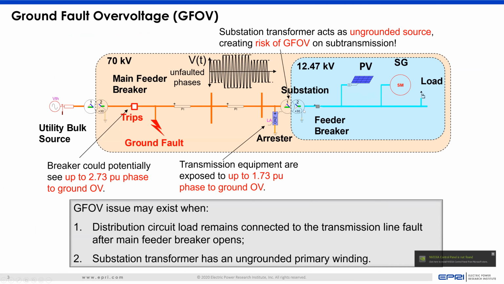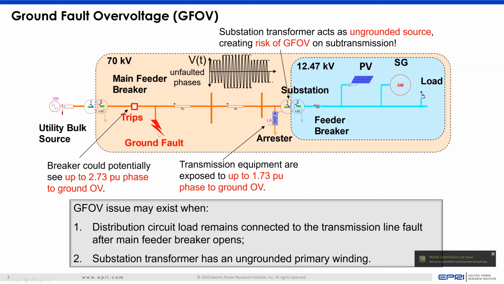This feeder is supplied from a substation, and the substation is connected to a subtransmission network, which is connected to the utility bulk source. There is a main feeder breaker to protect the subtransmission network against faults.